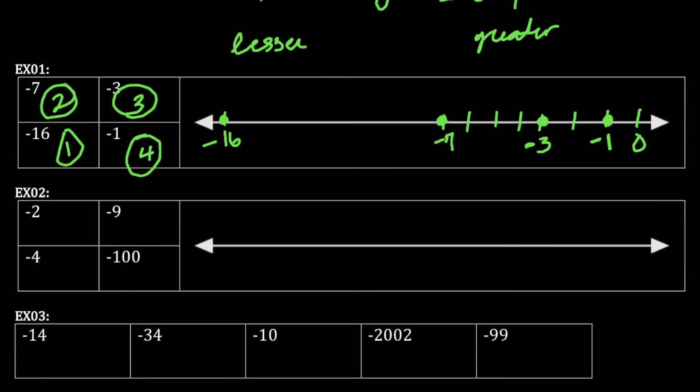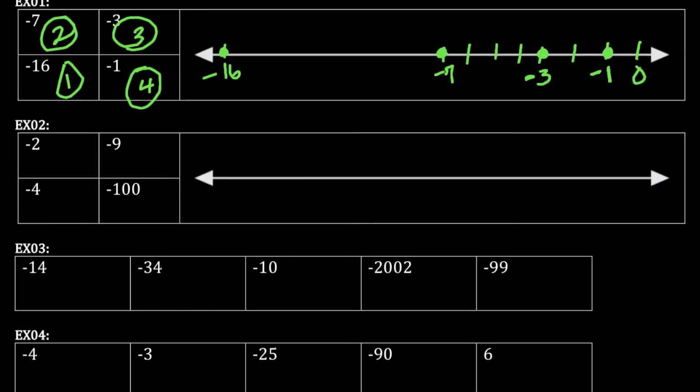Okay, let's try it again. I feel like switching up the color. So we have -2, -9, -4, -100. So I like to put 0 here. Let's start off with -1. I like to start off with a couple just to make sure I'm going the right way. Okay, -2 is right here. -4 would be right here.